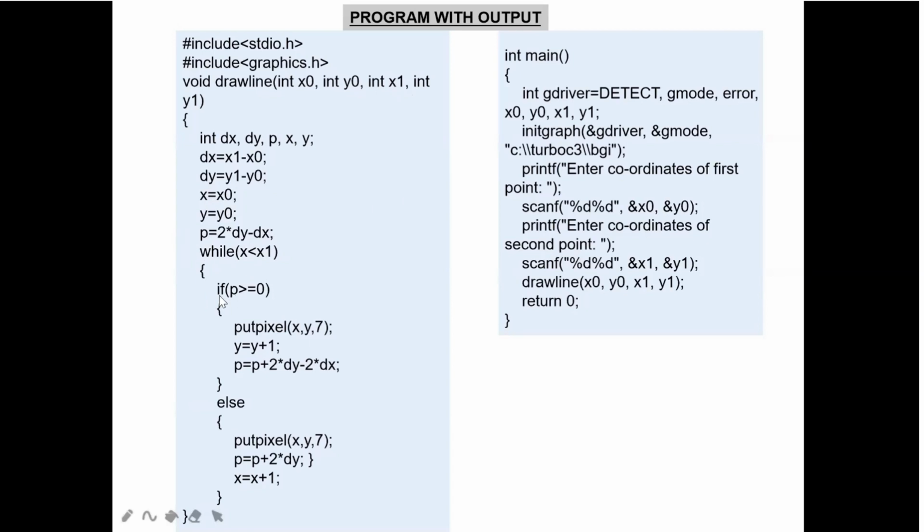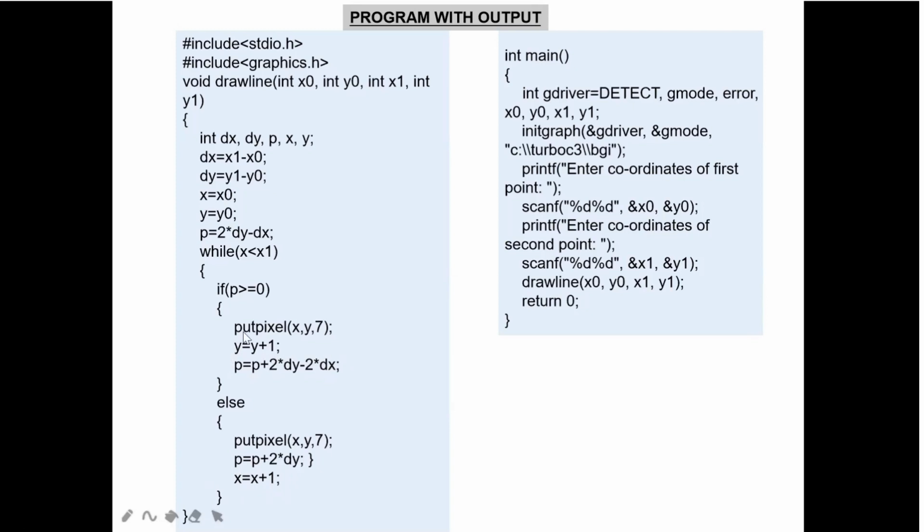In the first if statement, the condition is if p is greater than or equal to 0, then you put this formula and you increase your y value. Whatever you are going to increase, only that you write. If it is less than 0, then we write the formula and we increase the x value.